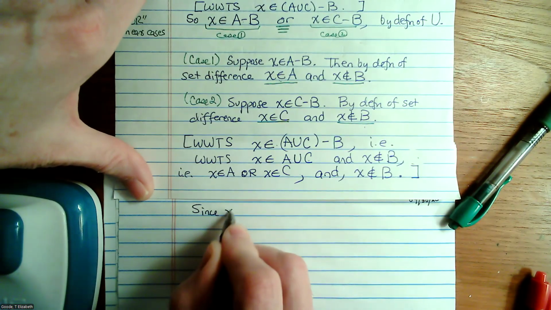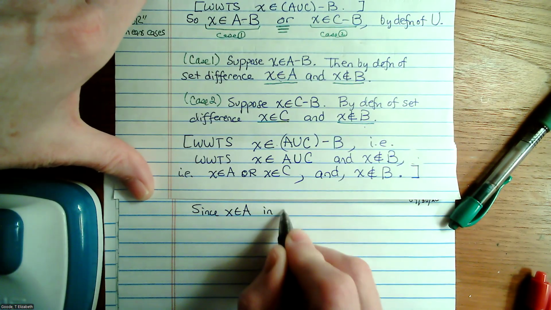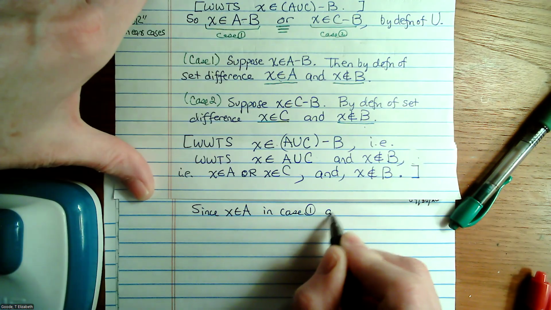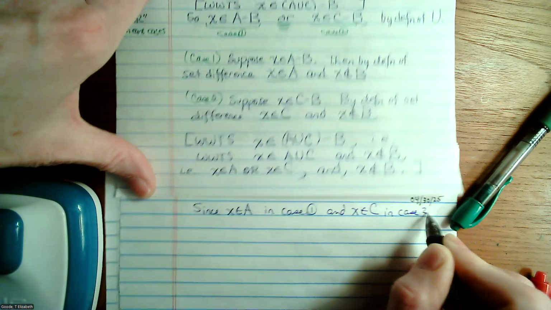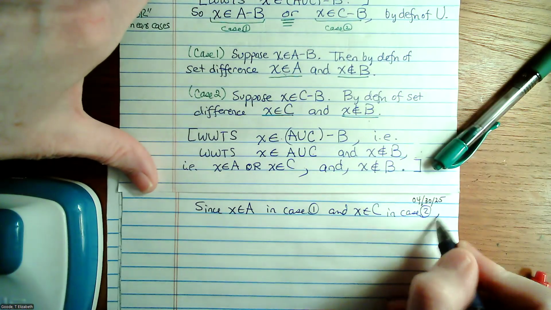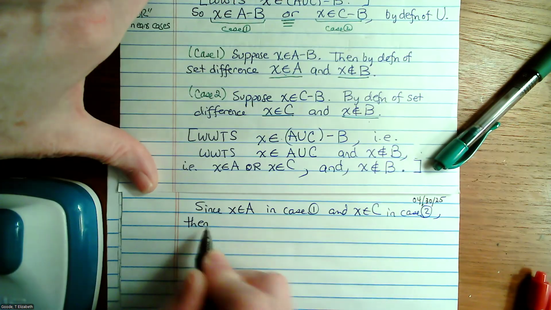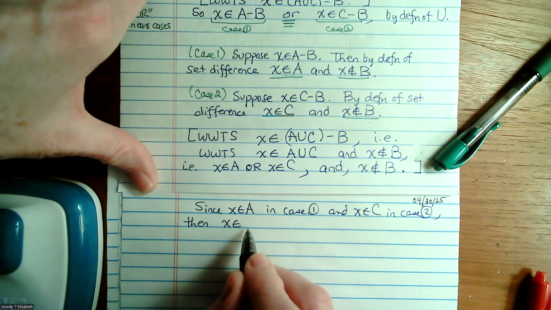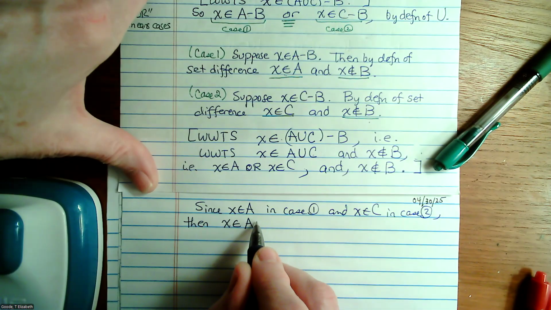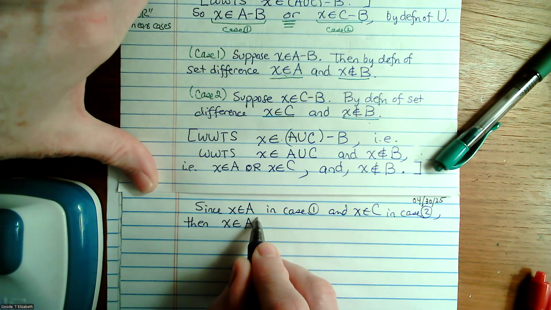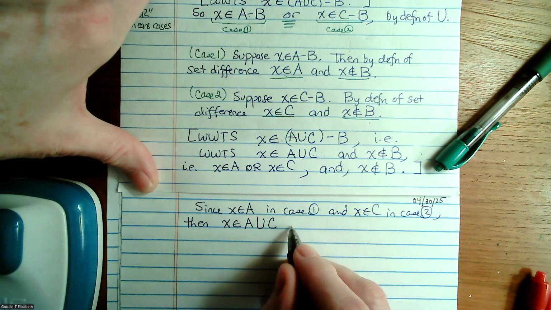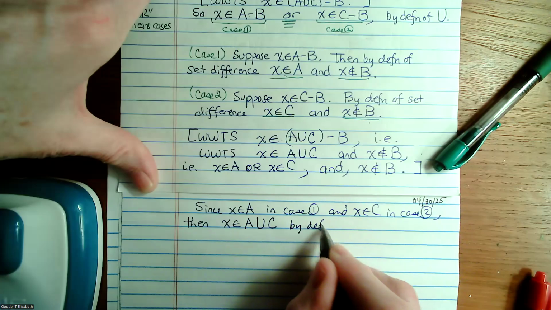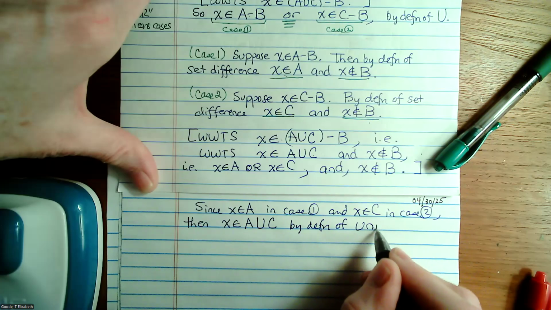What we could do is just realize that since X is an element of A in case one, and X is an element of C in case two, then X is an element in A union C by definition of union.